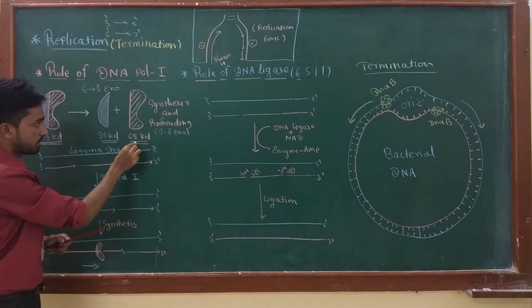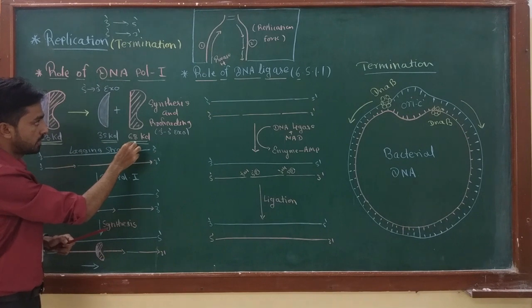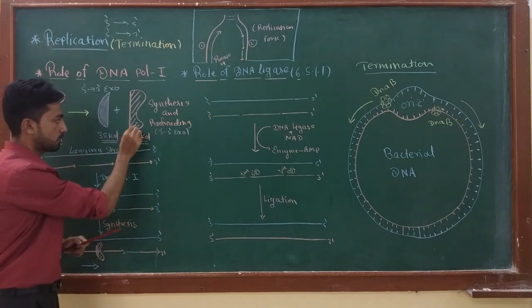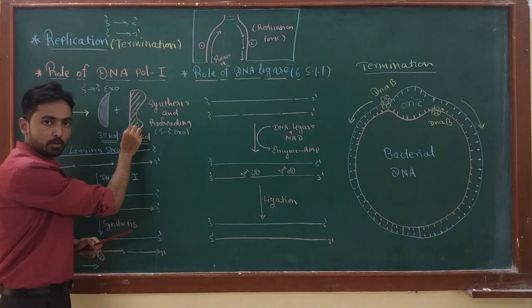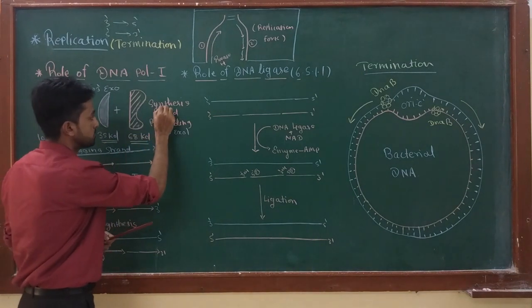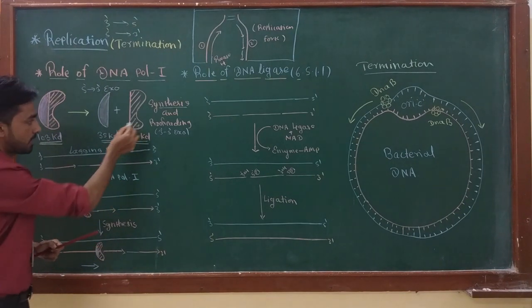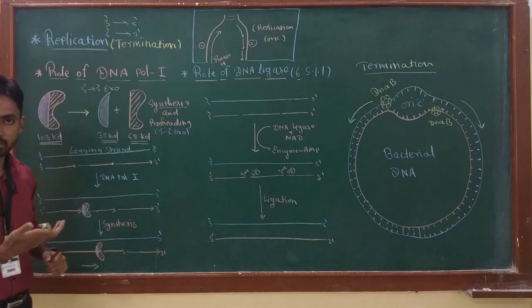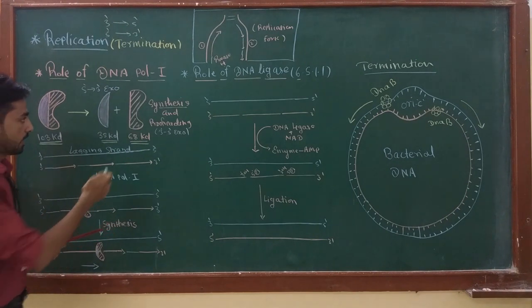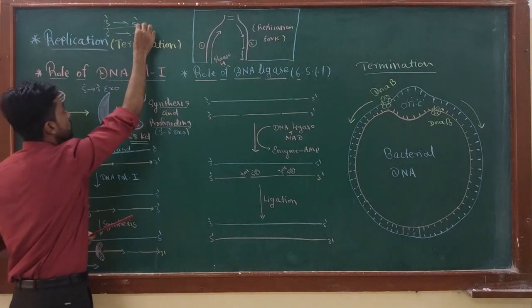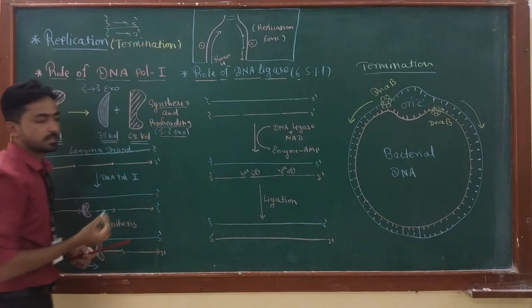This large part is known as the Klenow fragment, and it has two important properties. This fragment of the DNA polymerase 1 enzyme is able to perform synthesis, polymerization. It has the ability to copy the template strand, and it also has proofreading activity, that is 3' to 5' exonuclease activity.